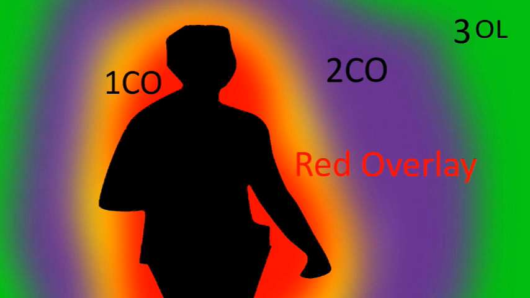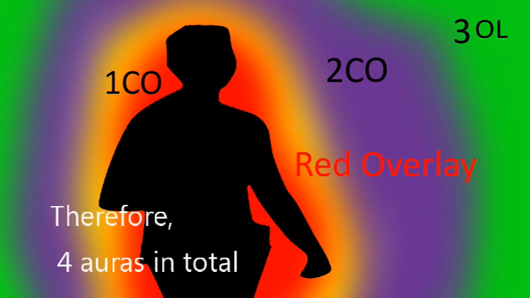Now there's another exception as well, and that is when you get what is known as a red overlay. If a child at the early ages, say from birth to around 1, 2, or 3, has a very physical or psychological traumatic incident come into their lives, a third core aura will overlay the 2 other core auras.